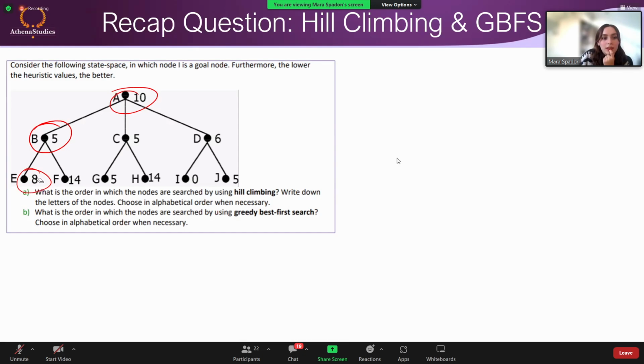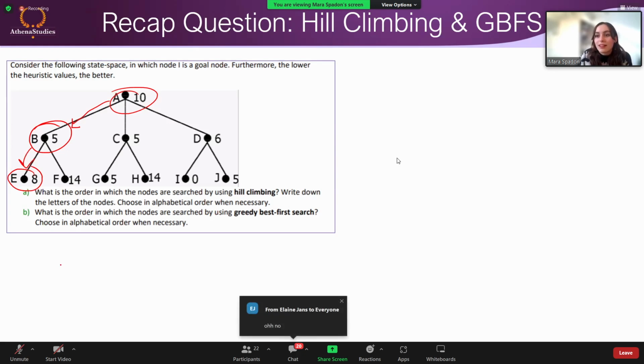Let's see. In our case, we want to find the lowest possible value, right? So if it goes from A to B, we go from 10 to 5. Will it then go to a value that's higher than 5? Yes, exactly. Good. So it will not, right? Because we want to find the smaller values.